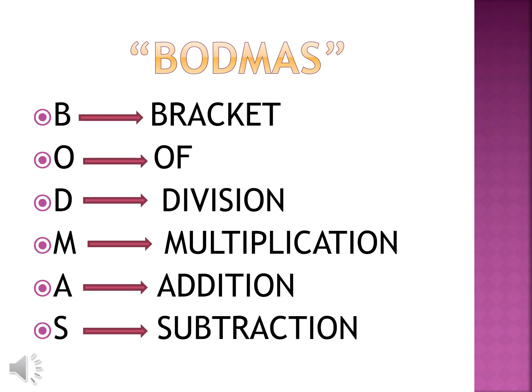If you see any bracket in the question, that bracket has to be solved first of all. Second is O, of. If you see of in the question, then you will solve of after that. Then D stands for division. So you have to follow this when you have all the operations in the question, like you have division also, multiplication also, addition also, subtraction also.